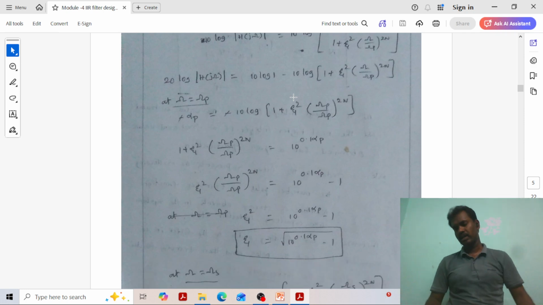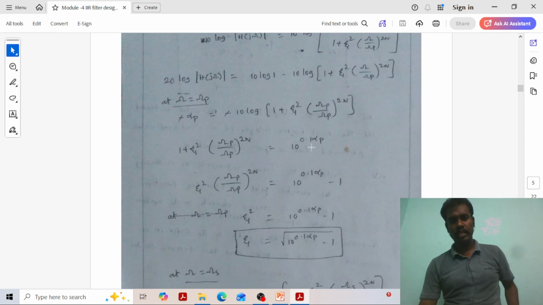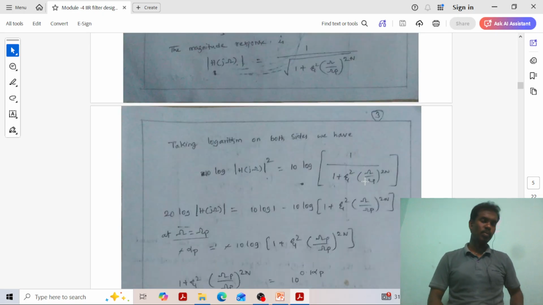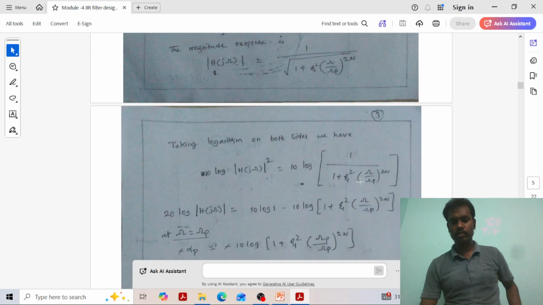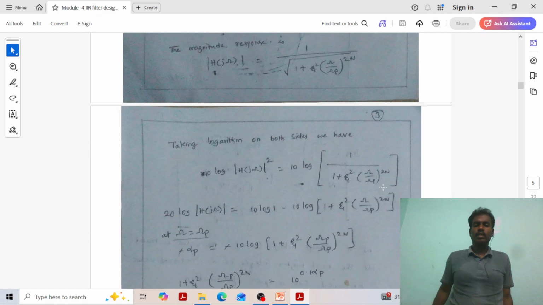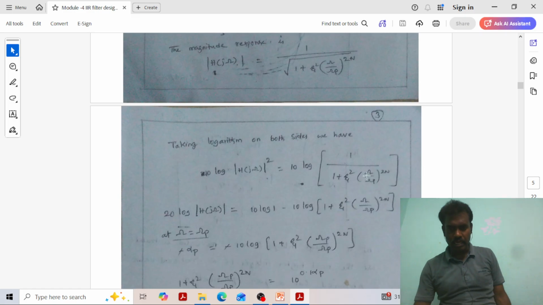What is this epsilon constant? This epsilon is equal to 1 generally at omega equal to omega c. At omega p, this denominator term becomes omega c, then epsilon is equal to 1. So assume omega equal to omega c and the denominator is omega c. Omega c will get cancelled, and it is 1 by square root of epsilon square.